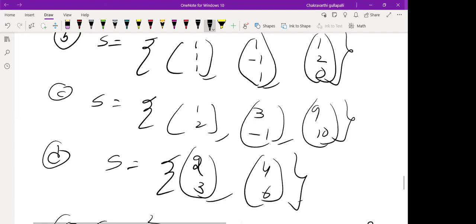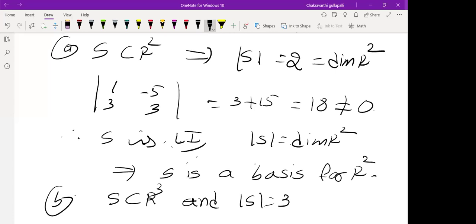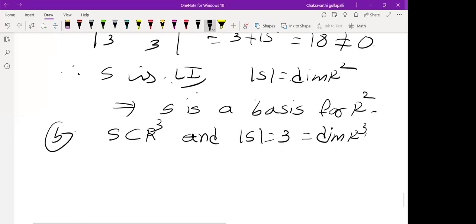First one is basis. Second one, how many vectors are there? 3. So cardinality of S is 3. S is subset of R3 space. And the dimension of R3 is also 3. We know they are coincident. So if it is independent, then it will become a basis. How to check independence? Because it is square matrix, we go for determinant. 1, 1, 1, 1, minus 1, 1, 1, 2, 0.